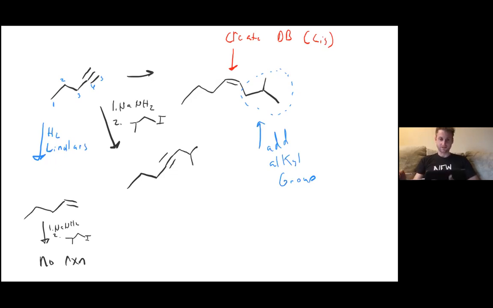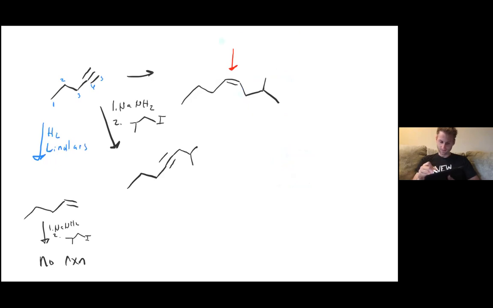If we take a look at this compared to our final product, now we have all the carbons we need. We can count those out if we want. 1, 2, 3, 4, 5, 6, 7, 8. So we've generated our skeleton.